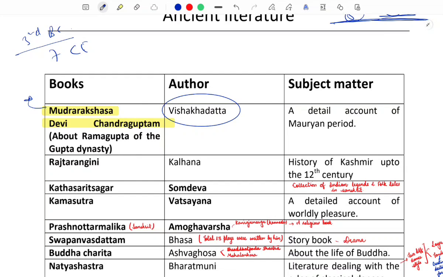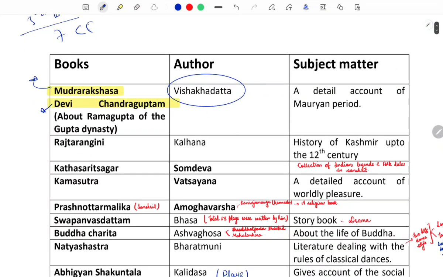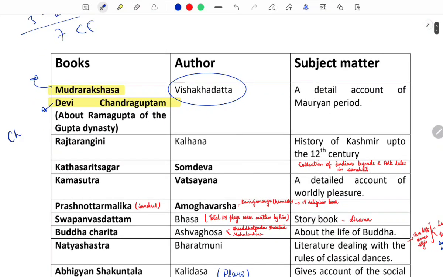So you can say that this is a kind of secondary source for that time period, but it has a very good description of the things in the time of the Mauryas. Devichandraguptam is actually about the initial years of Chandragupta II.